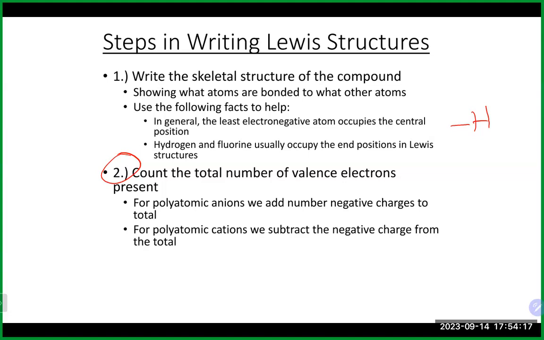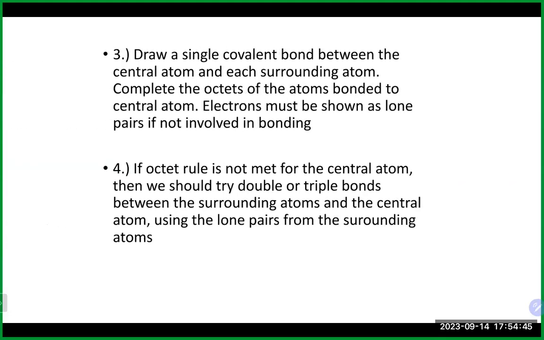That total is important because when you're done with your picture, you have to hit that number exactly on the nose. You can't have any more, you can't have any less. Once again, think of these electrons not as belonging to individual elements, but as a whole that we distribute properly in our Lewis structure picture.